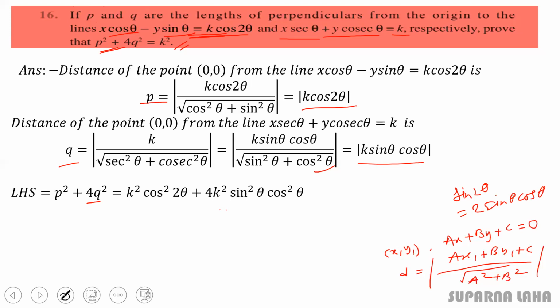Now if we square it, then sine square 2 theta is 4 sine square theta cos square theta. So we can replace this as sine square 2 theta. Take K square common. So cos square 2 theta plus sine square 2 theta is 1, and the remaining term is only K square, which is RHS, and proved.